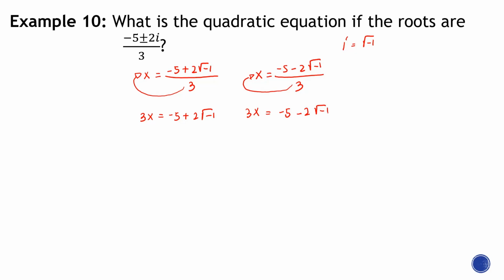Okay, and then convert this into a binomial. This will be plus 5, that's negative 5, right? So you put plus 5, and then enclose that in a parenthesis, minus 2 square root of negative 1. The other is the same as that one. The difference is this minus sign will be plus here, 2 square root of negative 1.